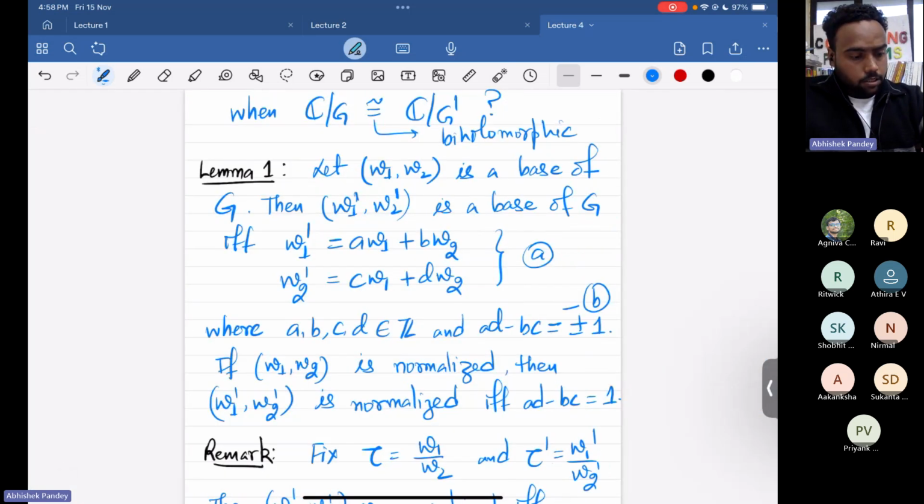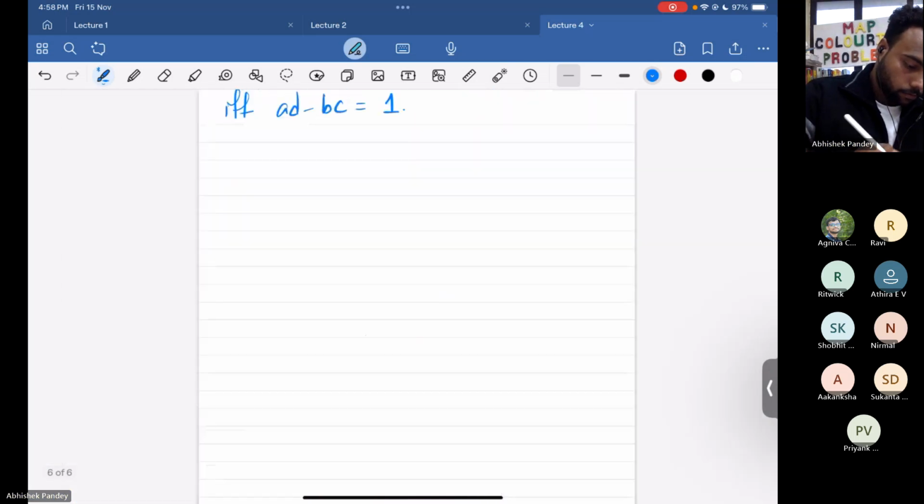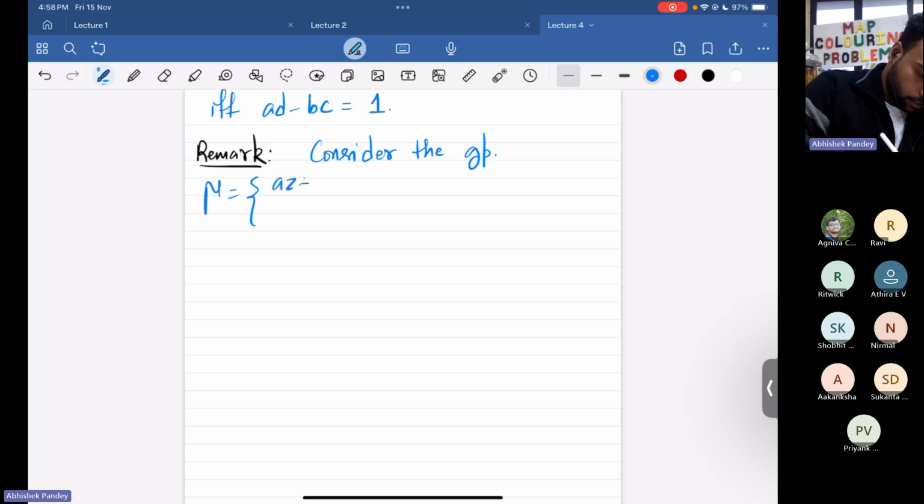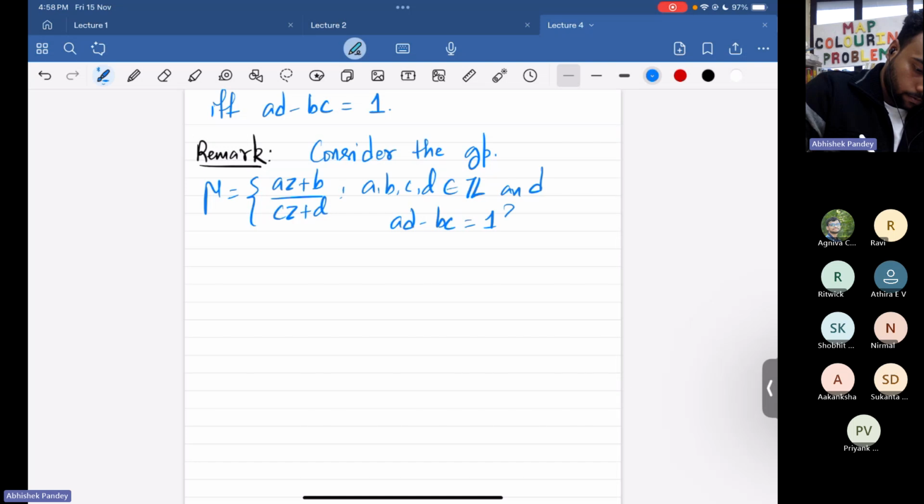So what does this lemma tell us? There is an important thing. Just write it as a remark. Okay. So consider the group of maps z goes to (Az plus B) upon (Cz plus D), where A, B, C, D belong to Z and AD minus BC equals 1.